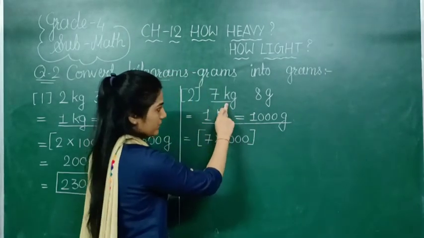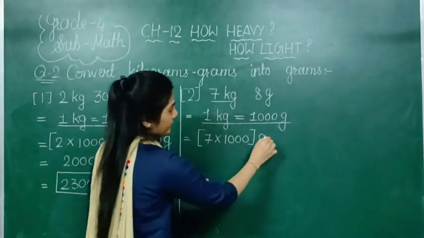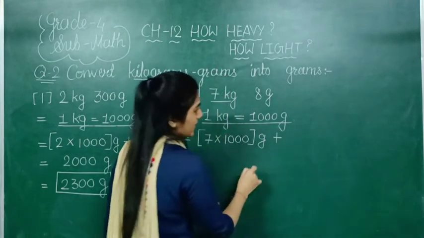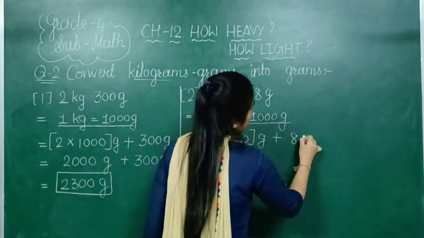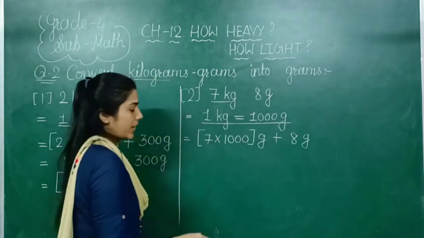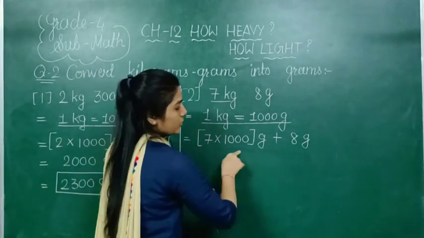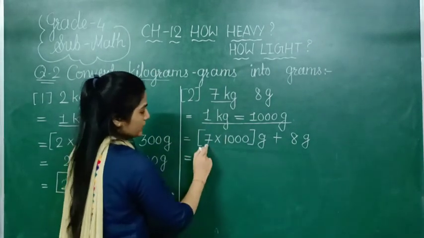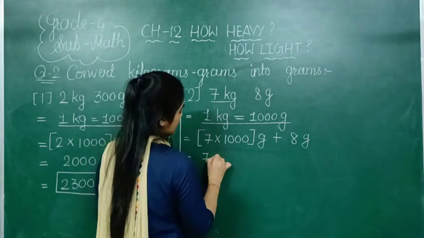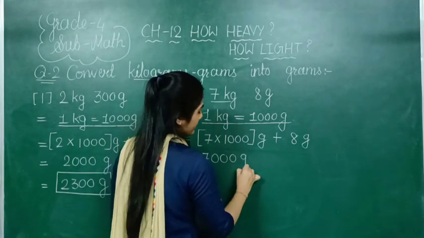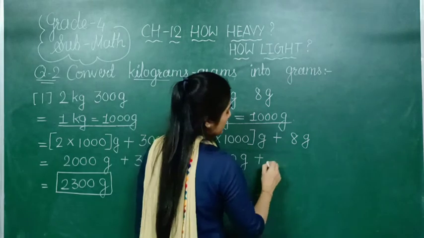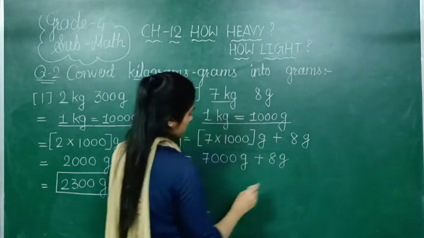Remove this kilogram unit and put gram. Make addition sign. Put this 8 gram. Now see, this same unit we are getting. Now 7 multiplied 1000, that is 7000 gram plus 8 gram, same we are copying.